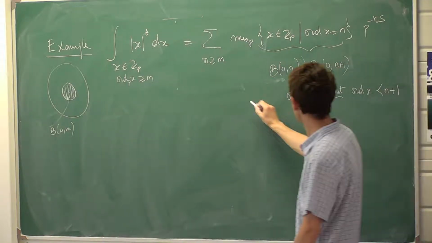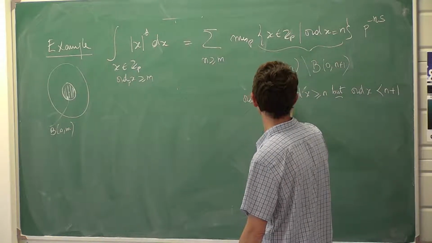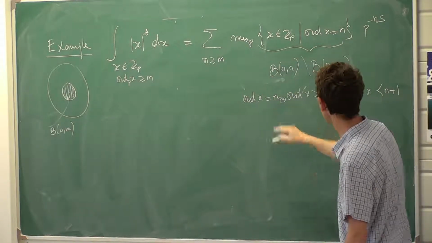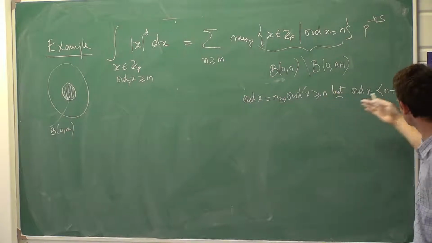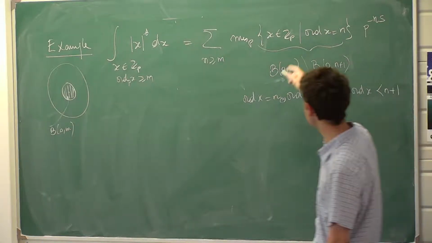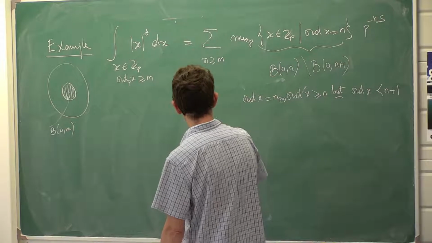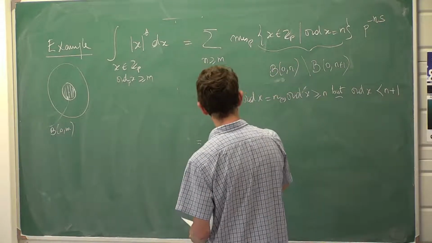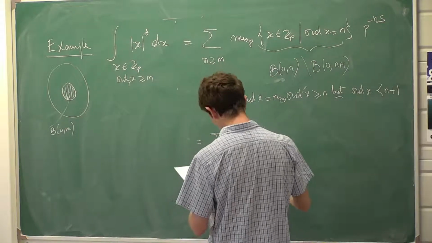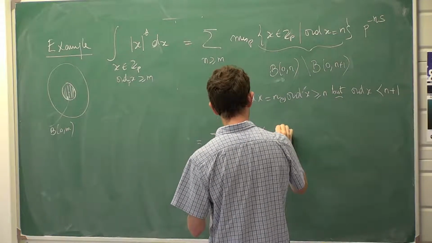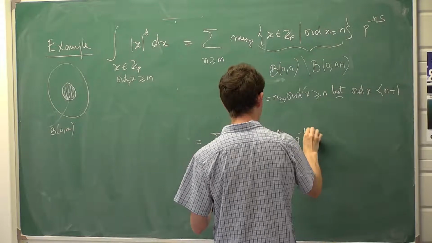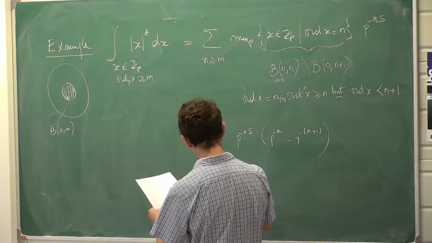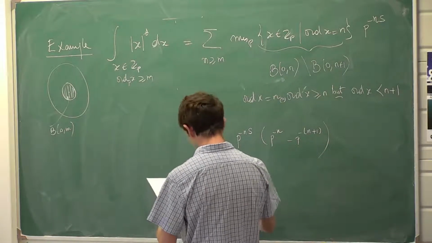This is saying that the order is equal to n, meaning that you are larger than n but strictly lower than n plus 1. So that gives you that you are summing over p to the minus n and s, and this is equal to something like that.